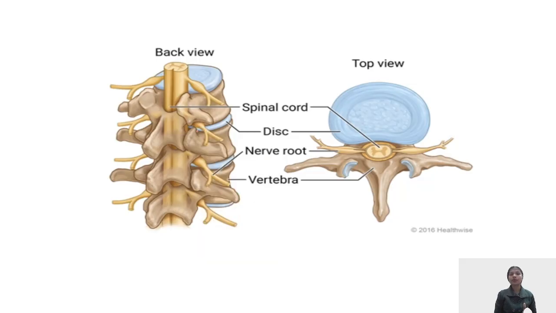It is always from the lower border that your spinal nerve is going to leave that respective vertebra, except the cervical nerve. The first cervical nerve is the exception, which will go upwards and not go downwards. That is the only exception.